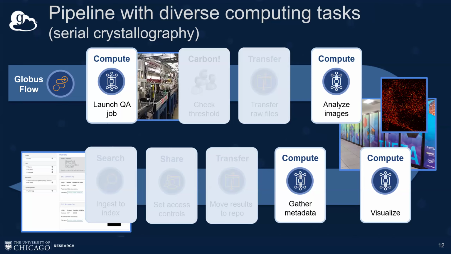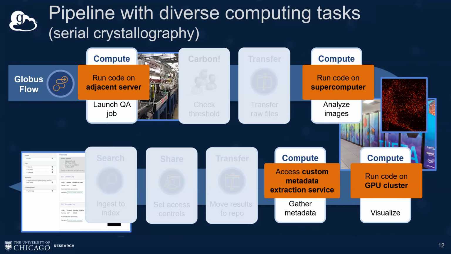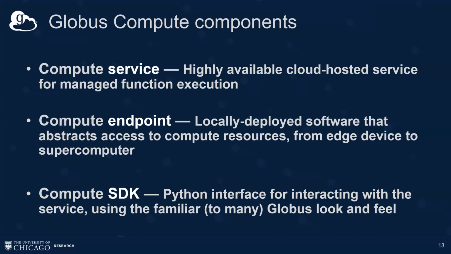It gets sent to an HPC resource to analyze images and process and then do some visualization and then extract metadata and so on. So you can run something on a single server immediately adjacent to the acquisition, then the supercomputer, then the GPU cluster, then a separate task without the GPU. Lots of flexibility.